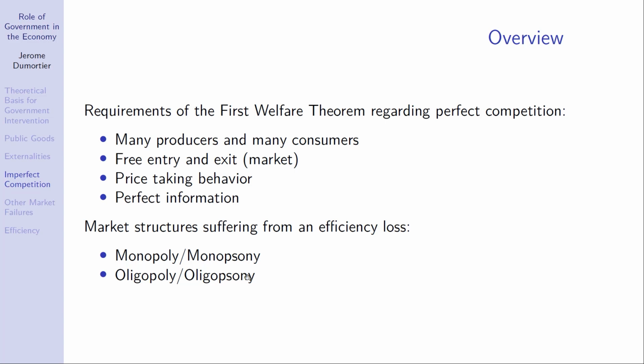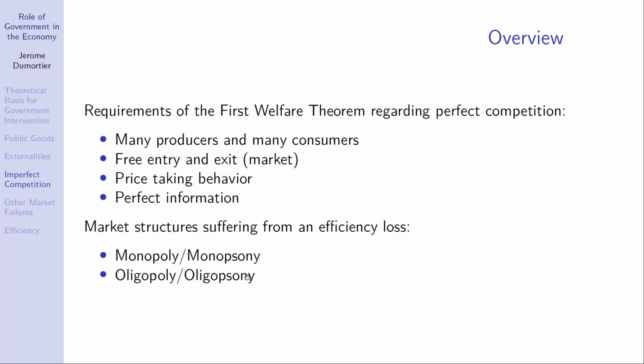A monopsony and an oligopsony is the reverse situation, when the market power is actually not in the hand of the producer, but in the hand of the consumer. So if you have just one or a handful of consumers.